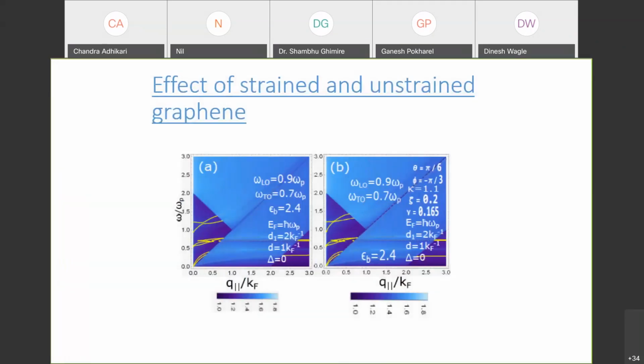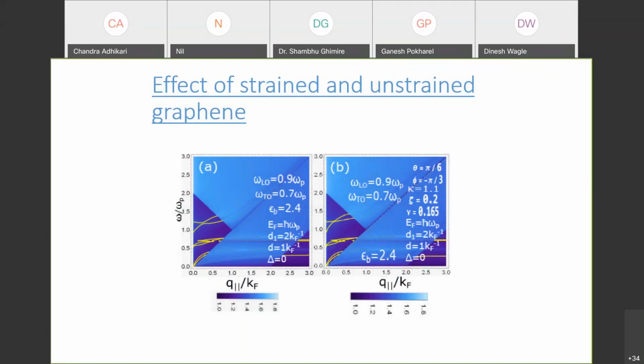Now next we see the effect of strain on the plasma mode. Figure A does not have strain, and figure B has strain. In figure A, the three pairs of plasma modes are all similar.